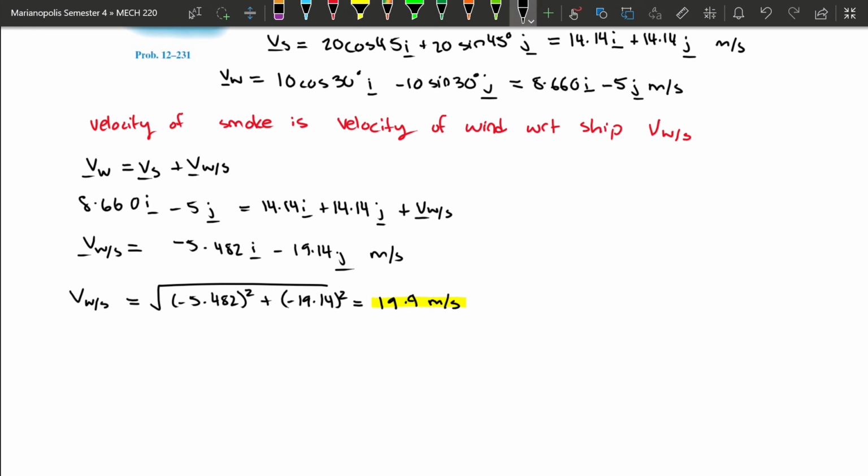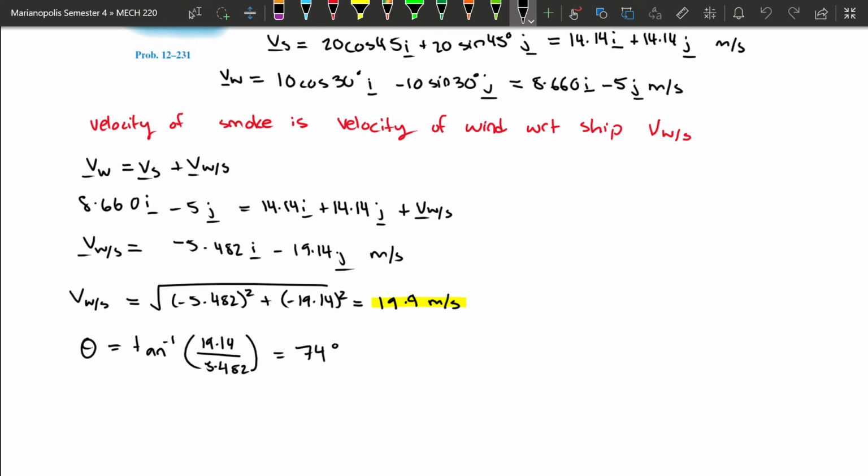I'll just highlight that. We also want the angle. The direction, the angle theta that it makes with the x-axis, is theta equals tan inverse of 19.14 over 5.482. That's going to give us 74 degrees.